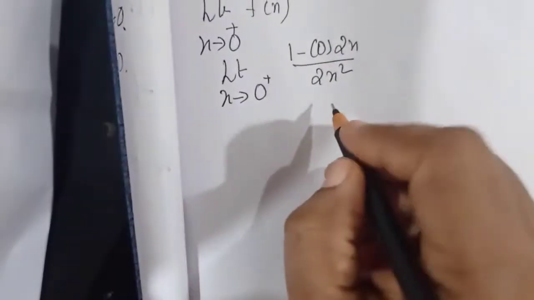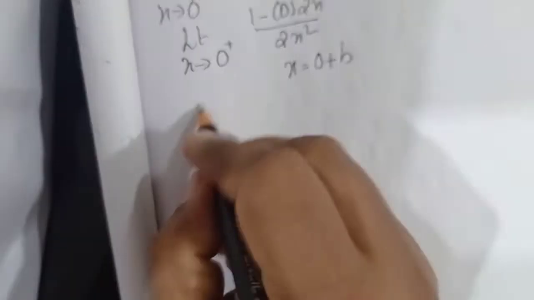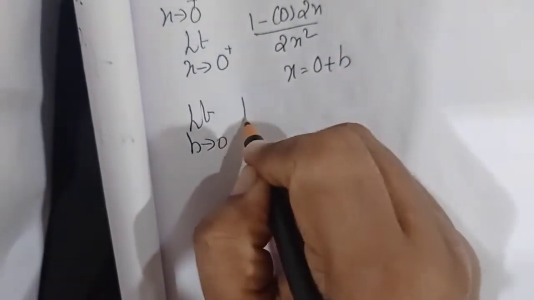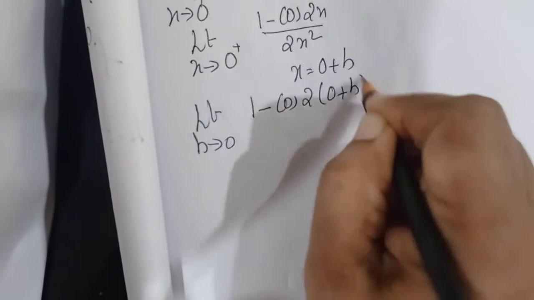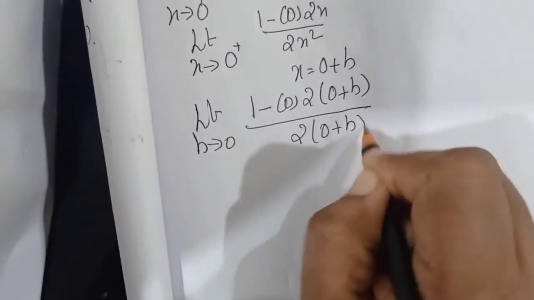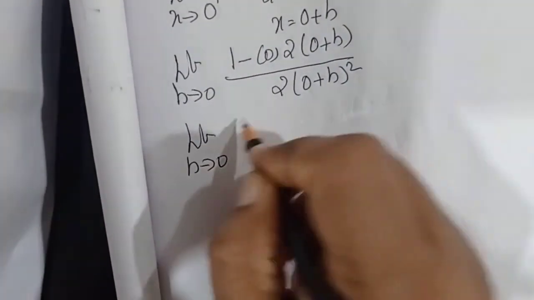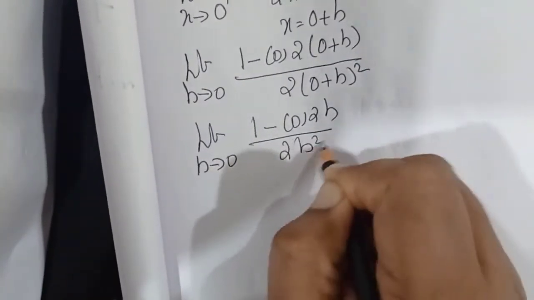Now convert that, put x is equal to 0 plus h. Now limit h tends to 0, same procedure, (1 minus cos 2 into (0 plus h)) by 2 into (0 plus h) the whole square. That is limit h tends to 0, (1 minus cos 2h) by 2h square.